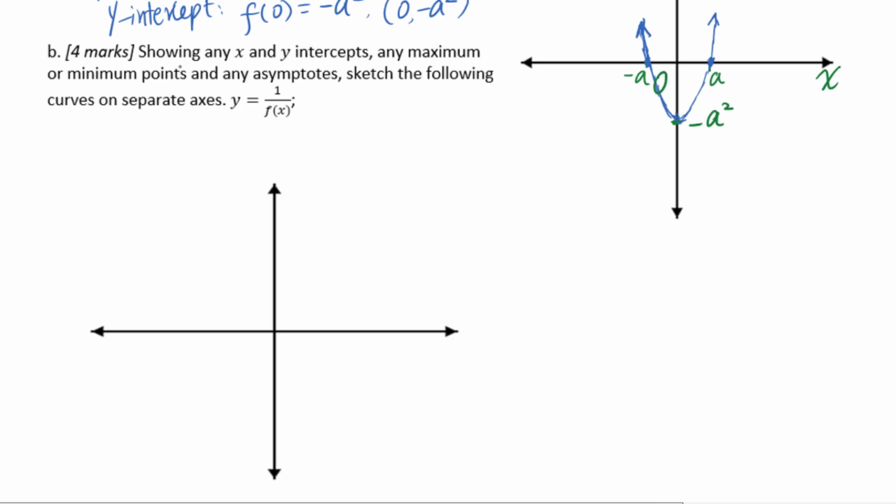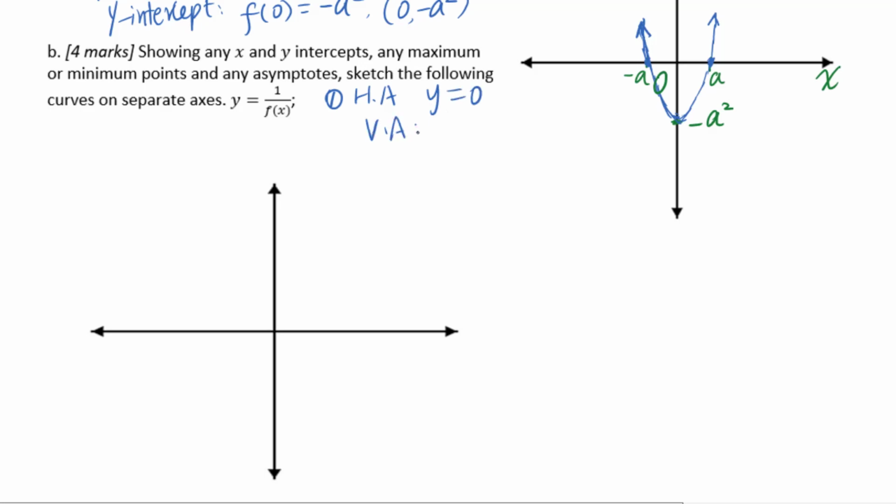For b, showing any x and y intercepts, any maximum or minimum points, and any asymptotes, sketch the following curve on separate axes. y equals 1 over f of x. First of all, we know the horizontal asymptote line will be y equals 0.